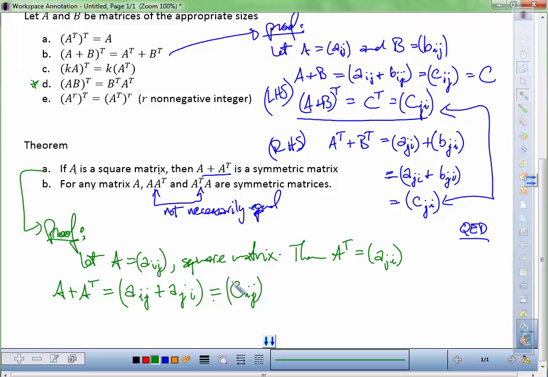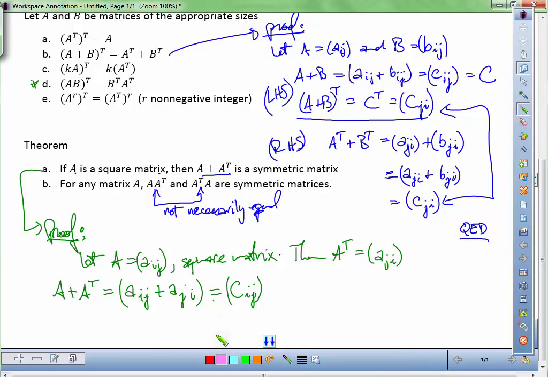Now this is where you have to really watch out for your subscripts. The ij element of your resulting matrix after you add corresponds to the ij element of A added to the jith element of A. Okay?